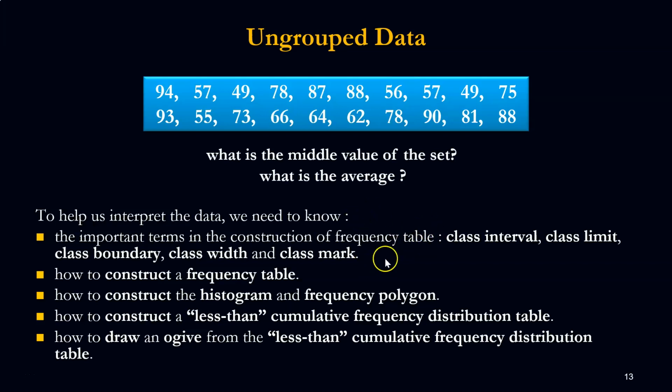In a frequency table, you will have to know what is your class interval, class limit, class boundary, class width, and also class mark. So 1, 2, 3, 4, 5. You have to memorize these 5 terms: class interval, class limit, class boundary, class width, and class mark.